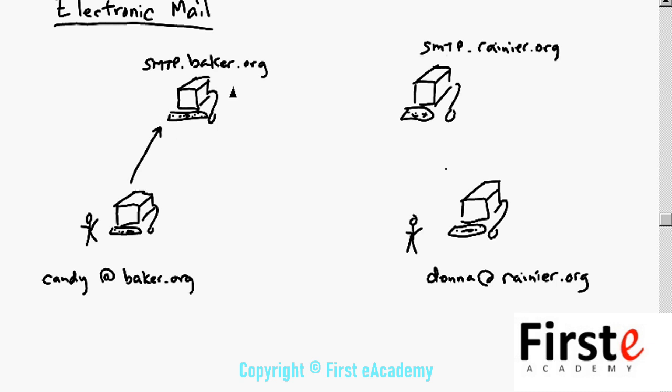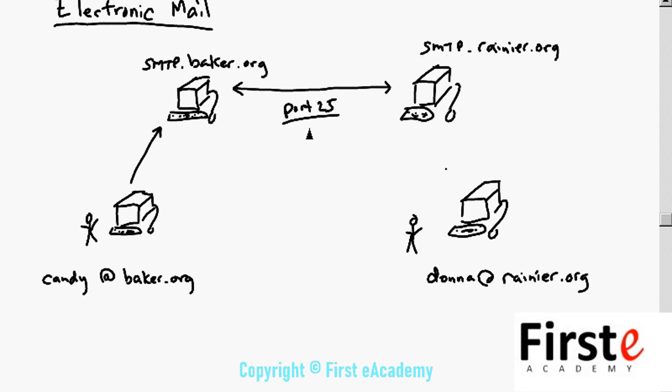When the mail server gets around to taking care of Candy's request, the mail server at baker.org is going to establish a link with Rainier.org and say, hey, I've got some email for you, and that correspondence is probably going to be done on port 25. That's the most common port for email.